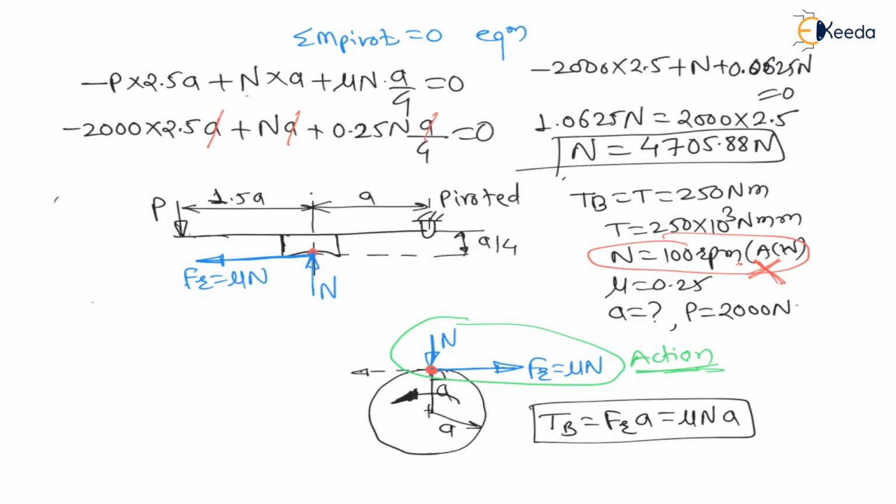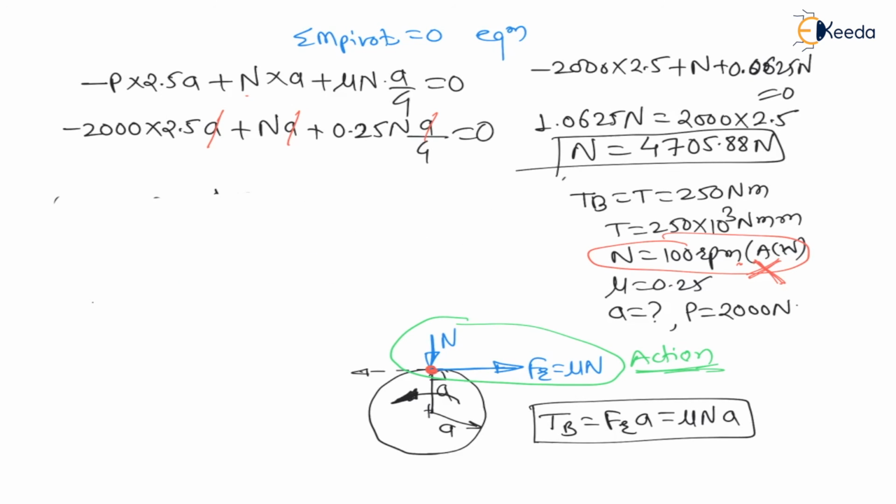Now use the torque equation. Once you calculate the normal reaction, use the torque equation, that is braking torque is equal to friction force into radius, where the friction force is mu n and the radius is A, right? The braking torque is given, my dear students, as 250 Newton meter, but use it in Newton mm because the dimensions we are calculating are in mm.